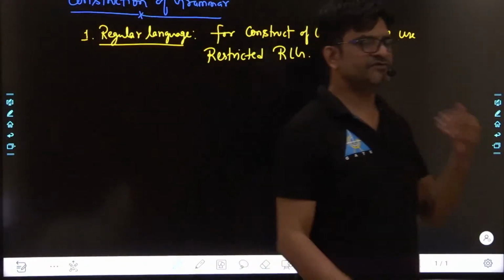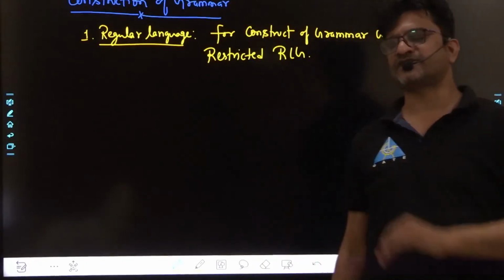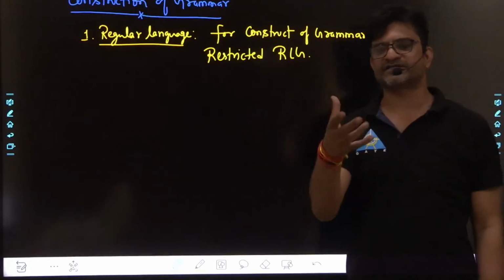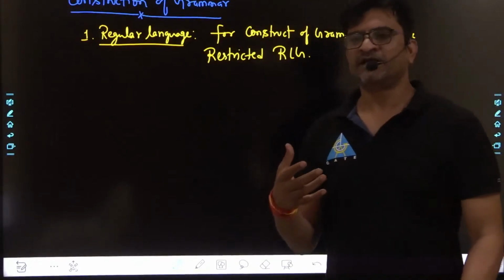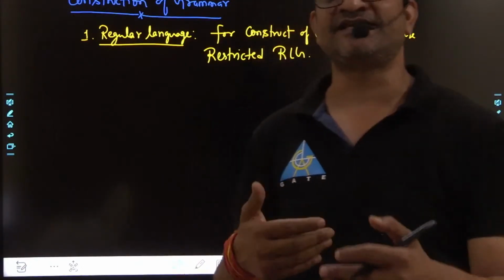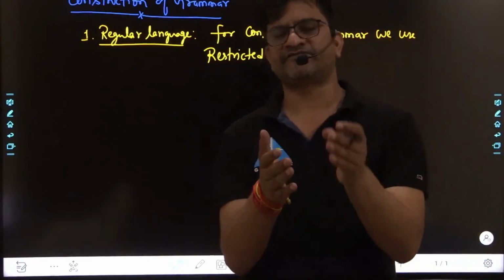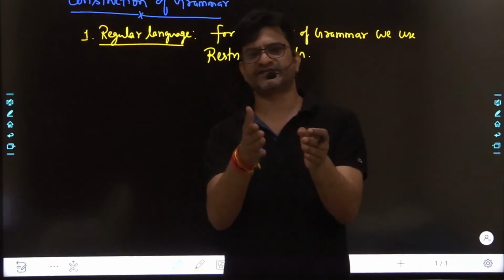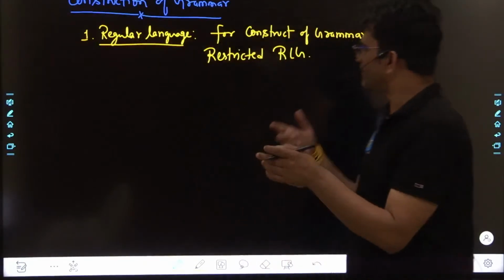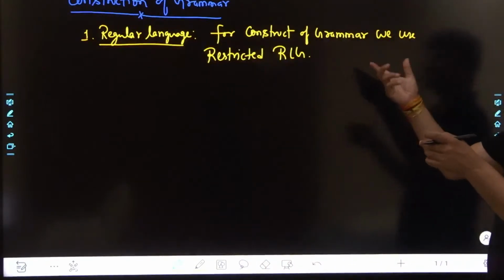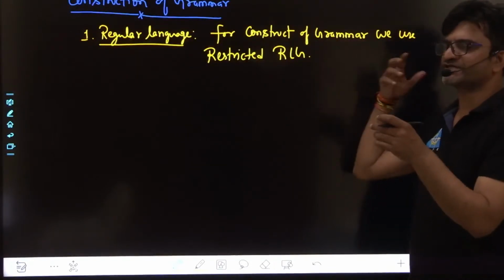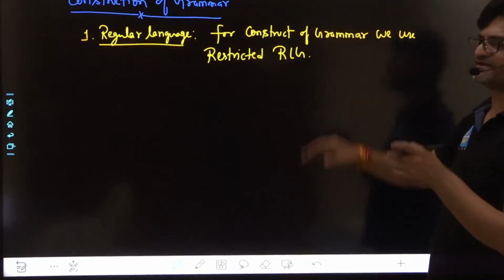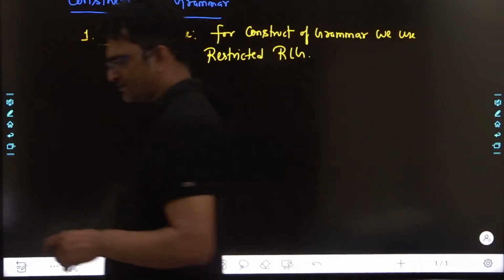Why do we use this one? Why not use right linear grammar? My dear friends, when we use a restricted right linear grammar, then in the next lecture you will see the construction of finite automata from the grammar is very easy. So for the sake of easiness, we use restricted right linear grammar for construction.